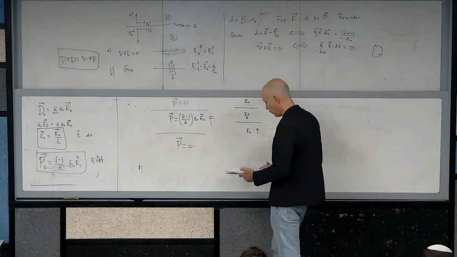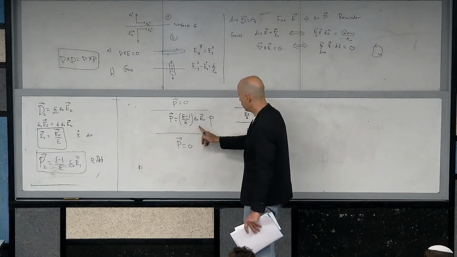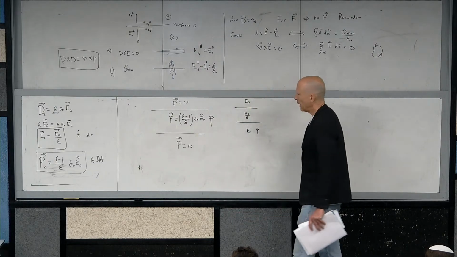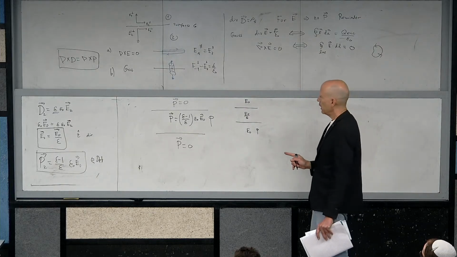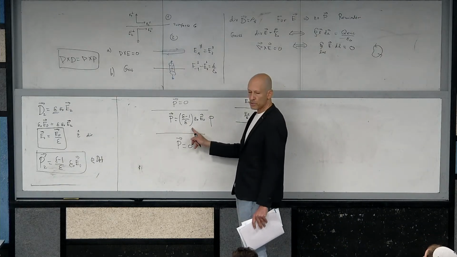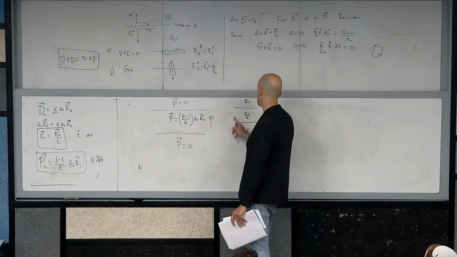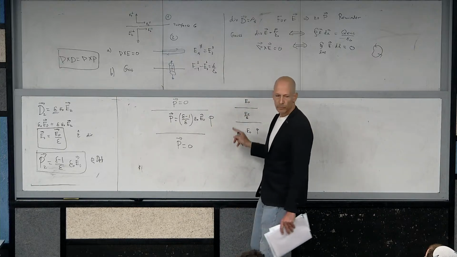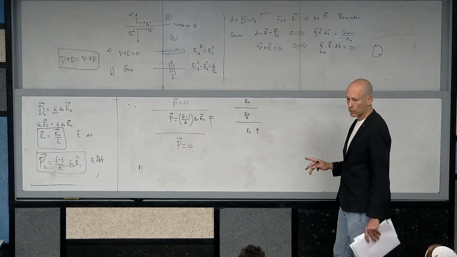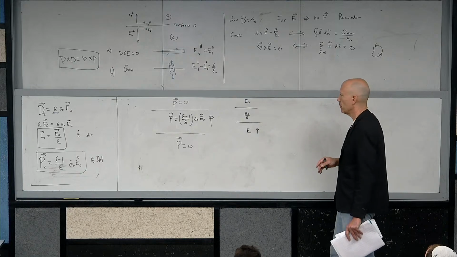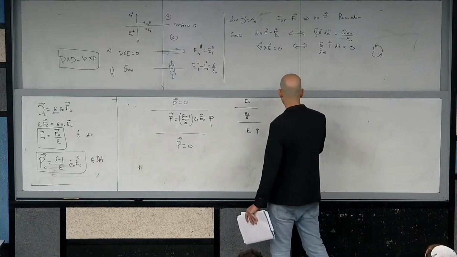So now, from this description, I can find the charges. And if I can find the charges, I can then recalculate this again and check that my results are correct, consistent. So what is the effective charge picture?